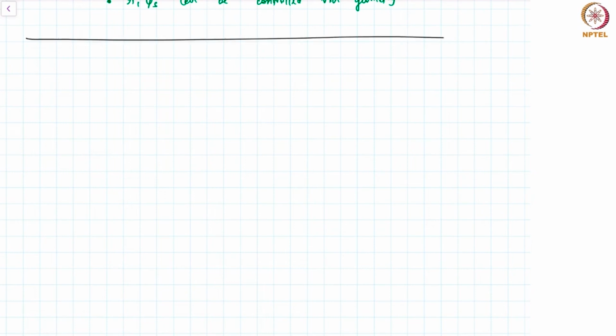So if I make a small table of Cassie-Baxter state and Wenzel state, let's write down what we saw. In the Cassie-Baxter state, cosine of theta star, let's call it Cassie-Baxter. What was the expression that we had?